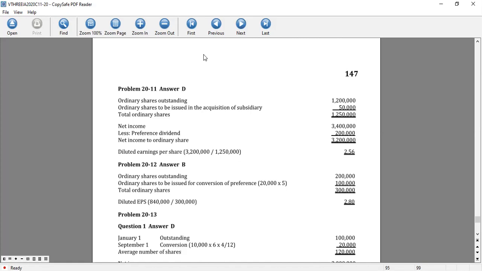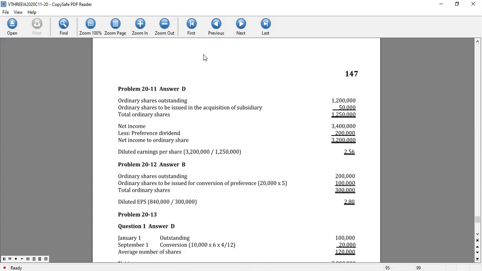Then in 20-12, ordinary shares outstanding, ordinary shares to be issued for conversion of preference, 20,000 shares times 5, because in problem number 12 it stated that the preference share is 20%, 100 par, 6% cumulative convertible.